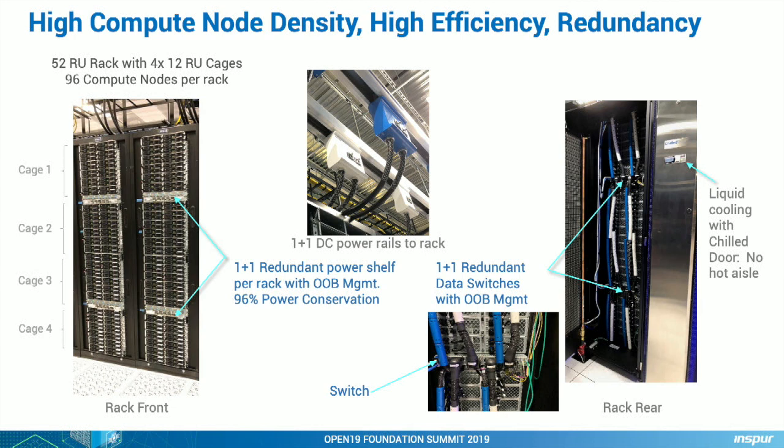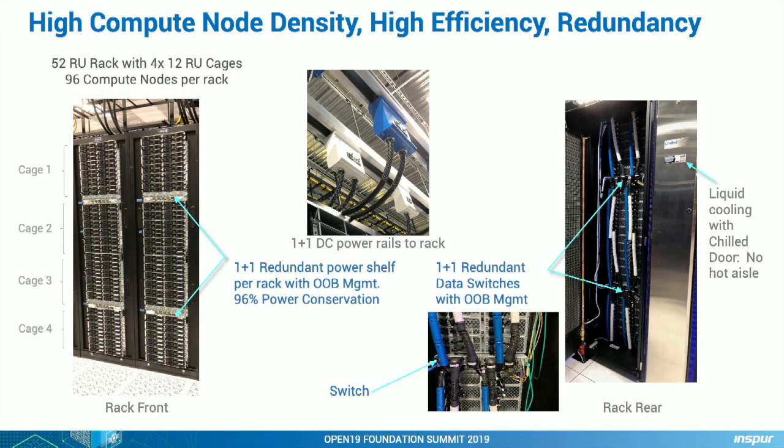The arrow is pointing at the wrong places, but anyway, the power banks are the white-looking ones. There's one on the top, one on the bottom. And then you can see on the right-hand side the back of the rack. So the front of the rack is very clean. The back of the rack is also very clean.